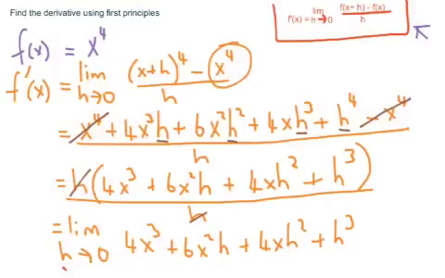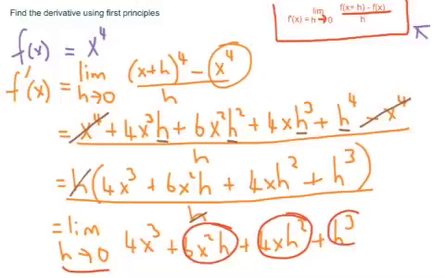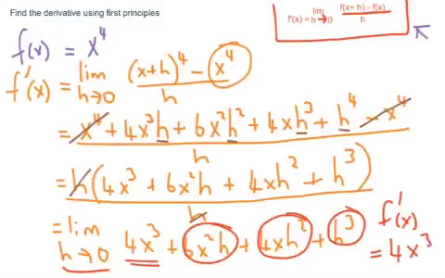We're going to say let h tend to 0, so this term here is going to become 0, this term here is going to become 0, this term here is going to become 0. So what we finally end up with is f dash x, or the derivative, is equal to just our only remaining term, 4x to the power of 3.